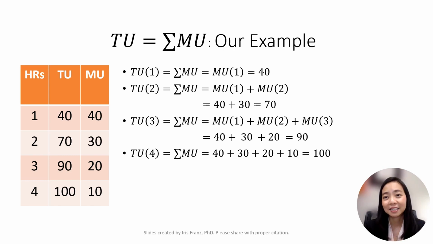The total utility of gaming for 3 hours is equal to the marginal utility of gaming for the first hour, plus the marginal utility of gaming for the second hour, plus the marginal utility of gaming for the third hour, which is equal to 40 utils, plus 30 utils, plus 20 utils, which gives you a total of 90 utils, and so on.